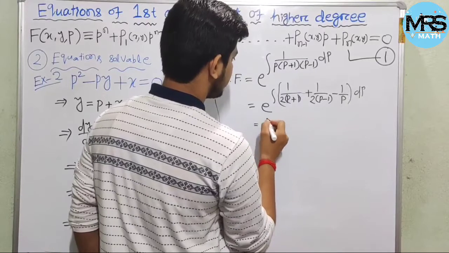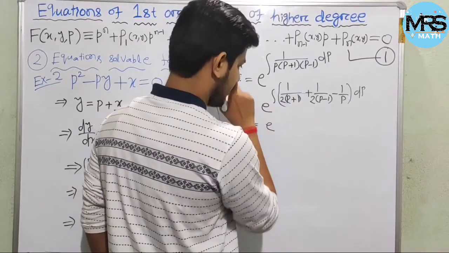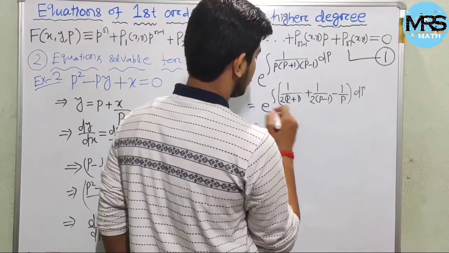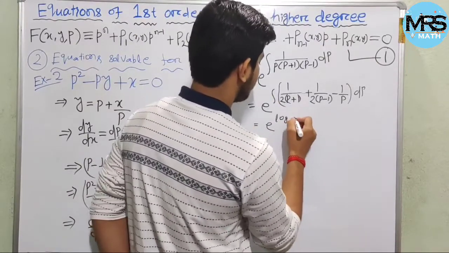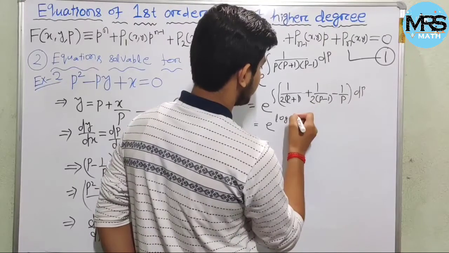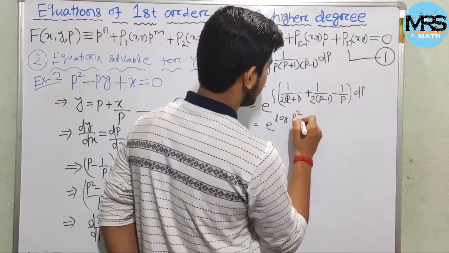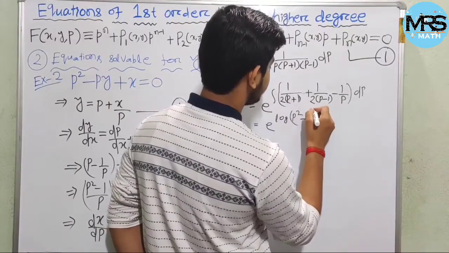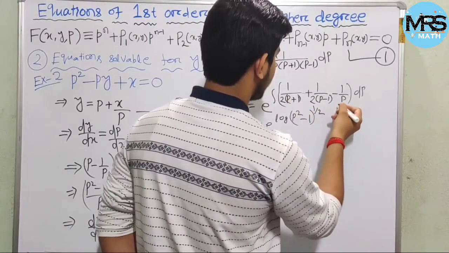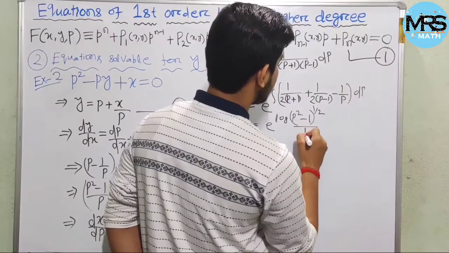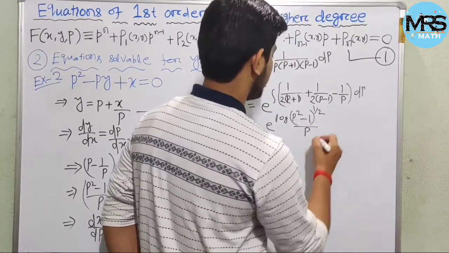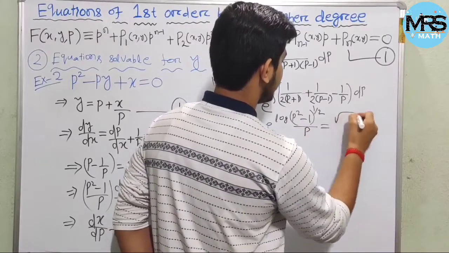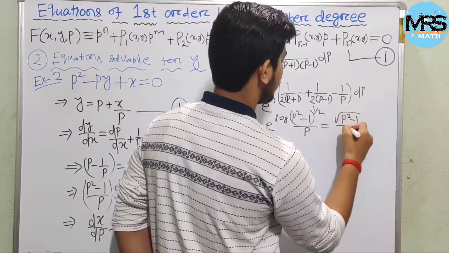So what you will get is e to the power log of (p plus 1) into (p minus 1), that is p square minus 1, to the 1 by 2, minus log p, that is p, divided by p. So this one will cancel, and then we will get p square minus 1 by p.